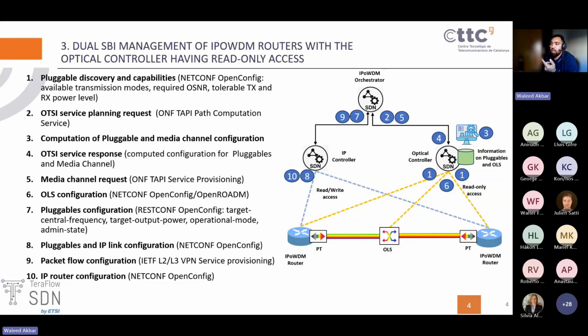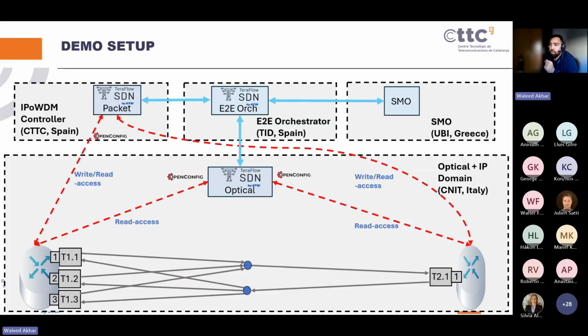So this is how we were able to configure the pluggables based on these three instances of two controllers and the IP WDM orchestrator. All these three instances are the Teraflow instances that we are using. This is one of the demonstration scenarios that we presented at OFC this year, where we have the top level service management orchestrator in Greece at Ubitech.